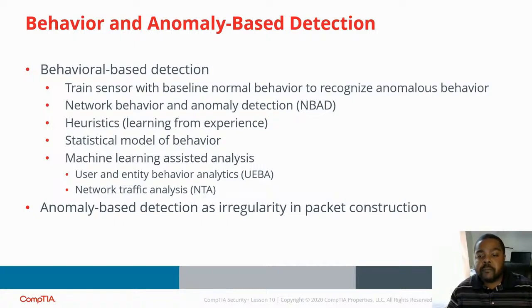Because what these systems do is sit on your network and record the actions that are going on, and then they determine a baseline, or you configure a baseline, and anything that's outside of that baseline, that foundation that you set, is considered abnormal behavior, and is detected and flagged as such, and maybe even prevented.